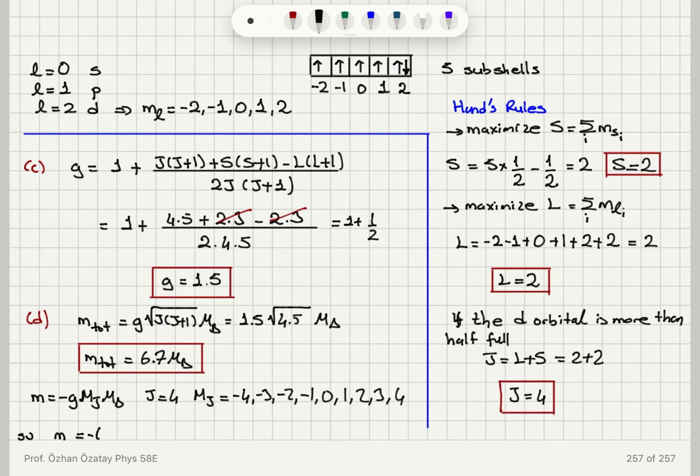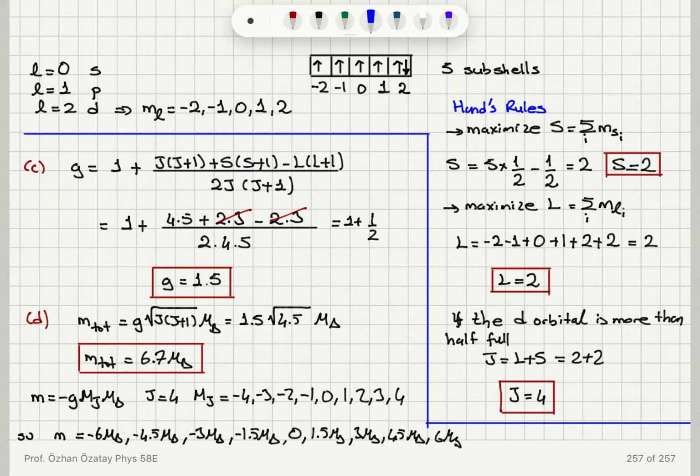So we can have values as -6 Bohr magneton, -4.5 Bohr magneton, -3 Bohr magneton, -1.5 Bohr magneton, 0, 1.5 Bohr magneton, 3 Bohr magneton, 4.5 Bohr magneton, and 6 Bohr magneton. These are the possible values that we can obtain for M along the field axis.